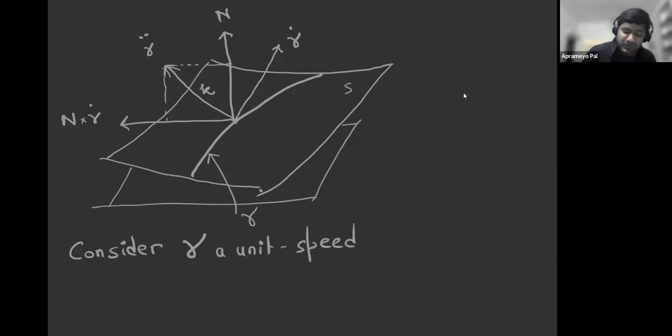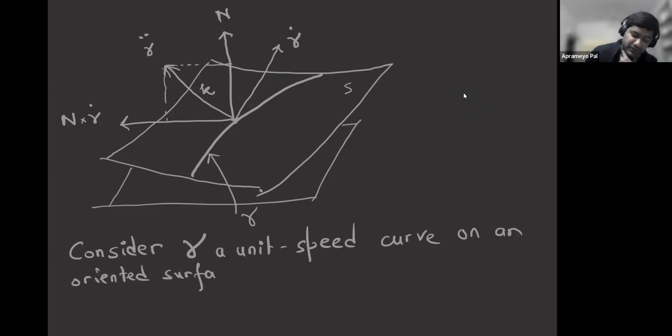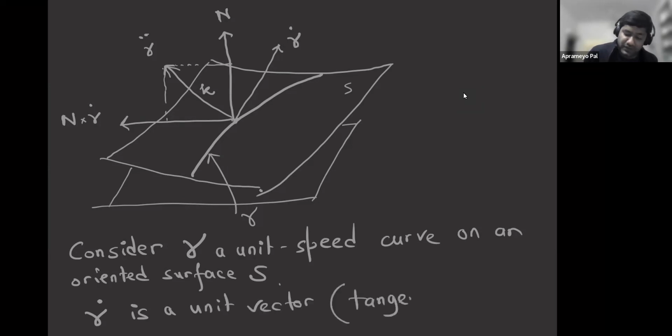First, let's assume it's a unit speed curve on an oriented surface S. And gamma dot is a unit vector, as I said already. So essentially it's a tangent vector to S.